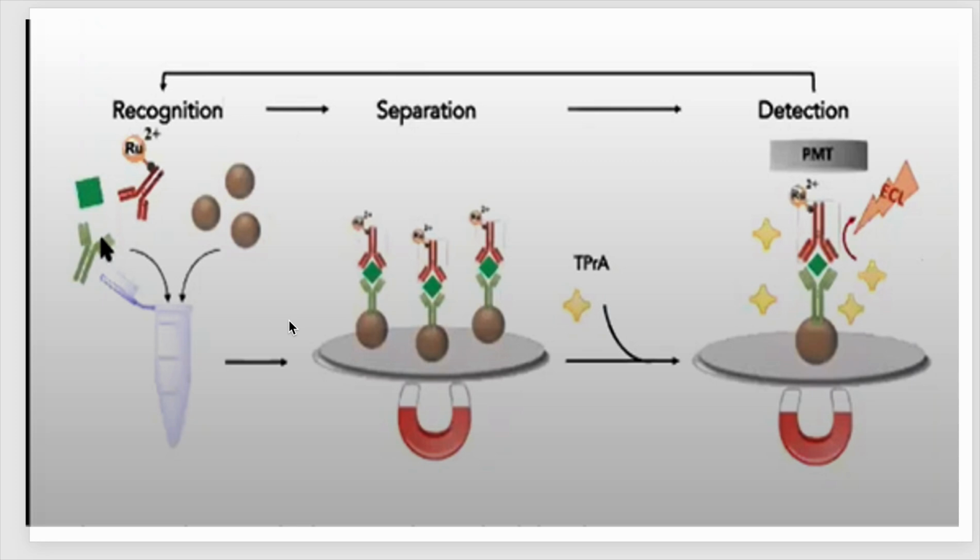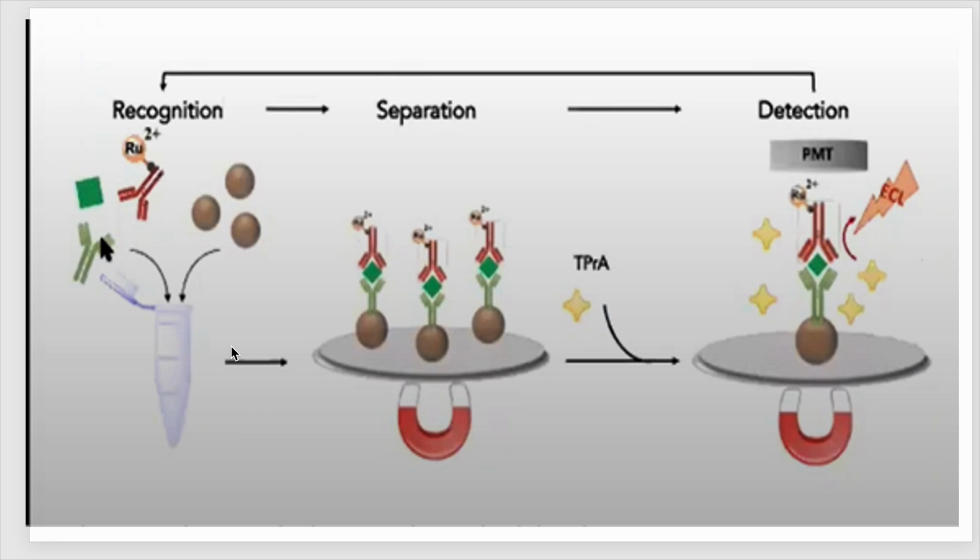The TBA radical serves as a reactant enabling ruthenium to return to the stable base state, with the release of light. So when the ruthenium returns to base, it releases light, and that's how we get the light.